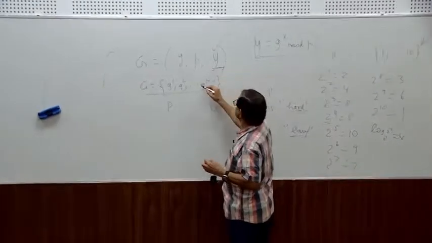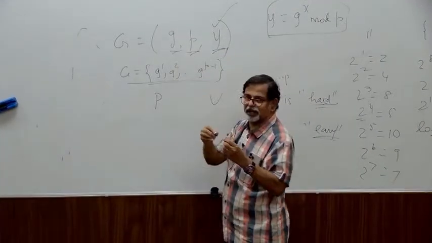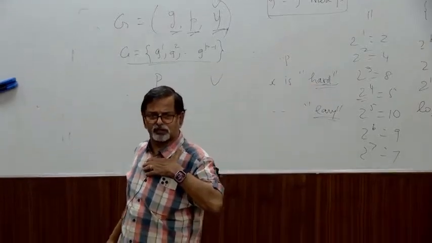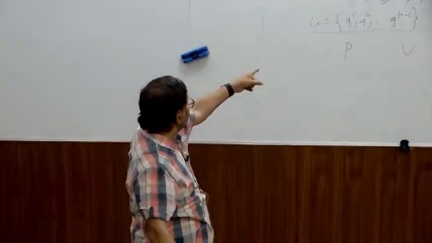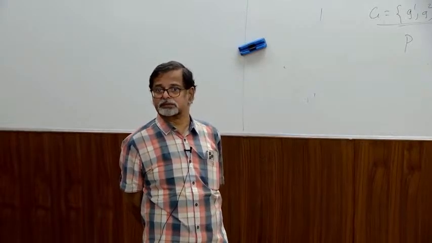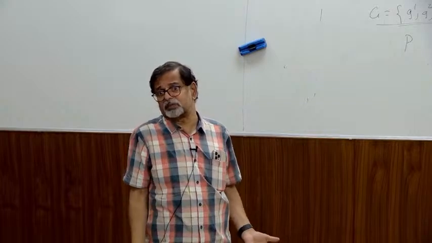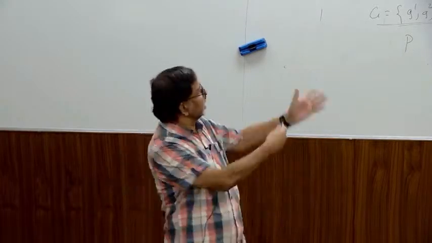Y is public. G, P, all are made public. I tell the world that I am the only person in the world who knows the discrete log of Y. Of course I know, because I created X, I computed it in my room, and then I got Y, and I know that.